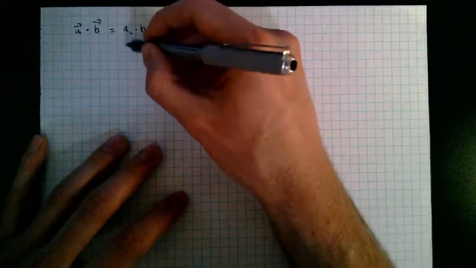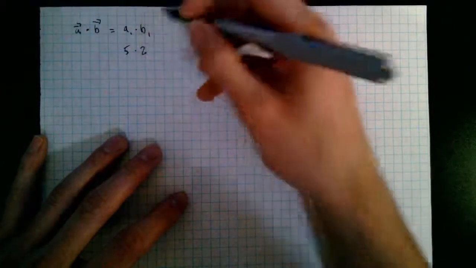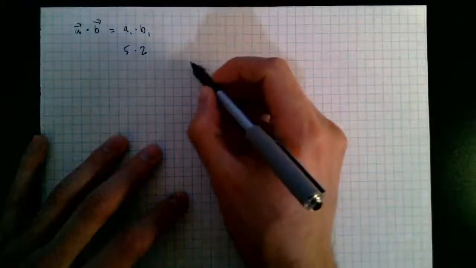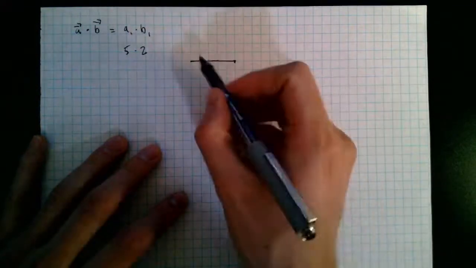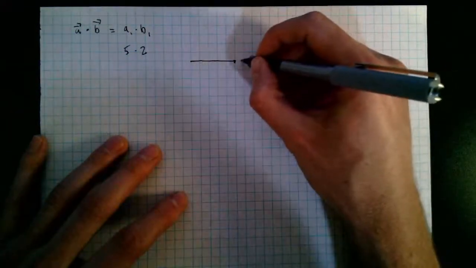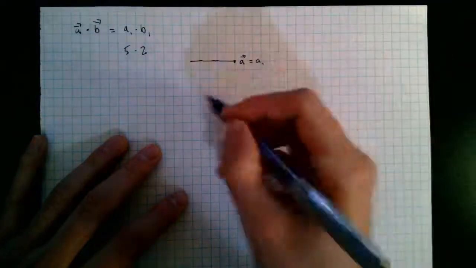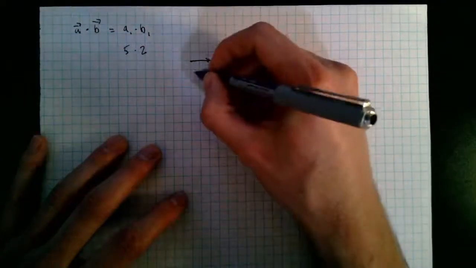Let's say A1 is 5 and B1 is 2. One way to draw that is: 1, 2, 3, 4, 5 right here, and that's A, which is also just A1. And then B is 2, so it's right here.